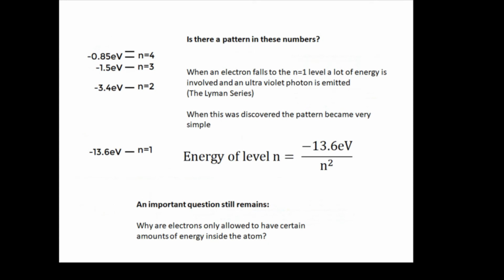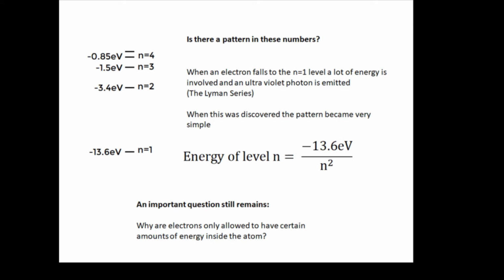Is there a pattern in these numbers? Well, somebody realized what the pattern was. It wasn't a very straightforward pattern until it was realized that these hydrogen atoms were also giving off ultraviolet photons, and that's called the Lyman series.